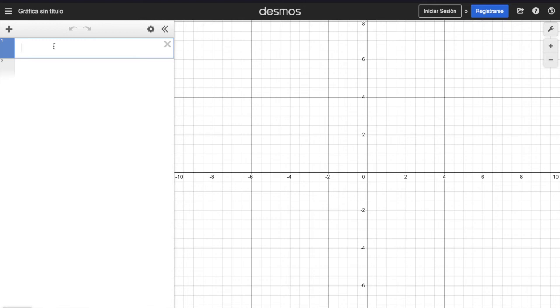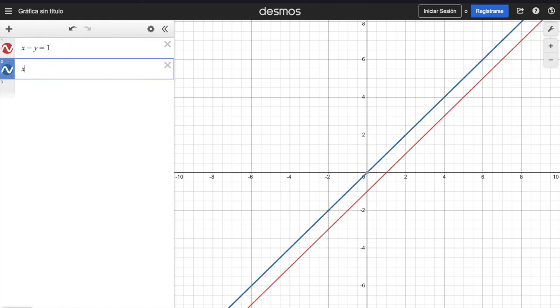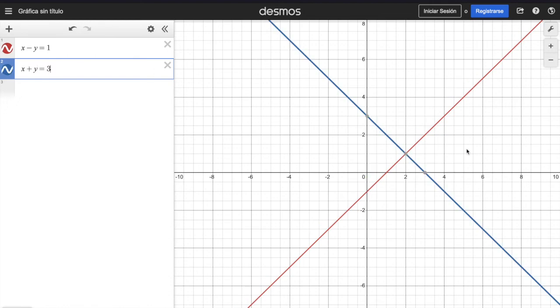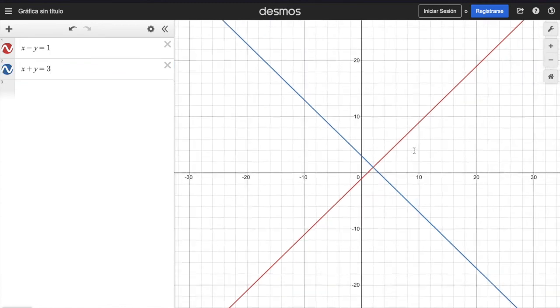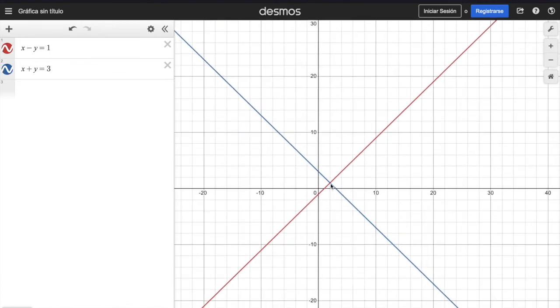For example, if I type the system that I had before, x minus y equal to 1, right? And the other equation, x plus y equal to 3. And notice what is happening here. I have the two equations, the two straight lines in this case, and the intersection point is the solution.